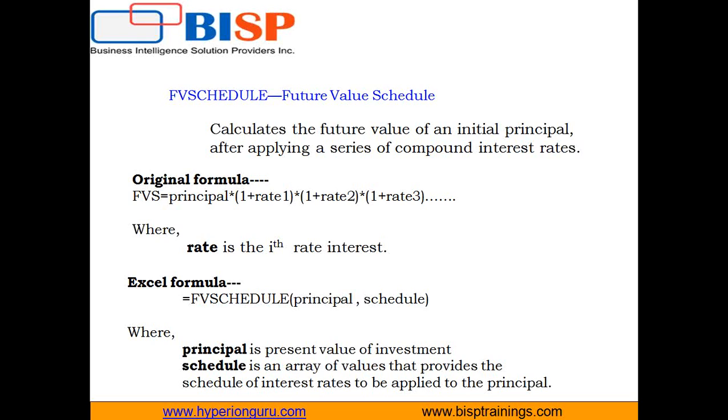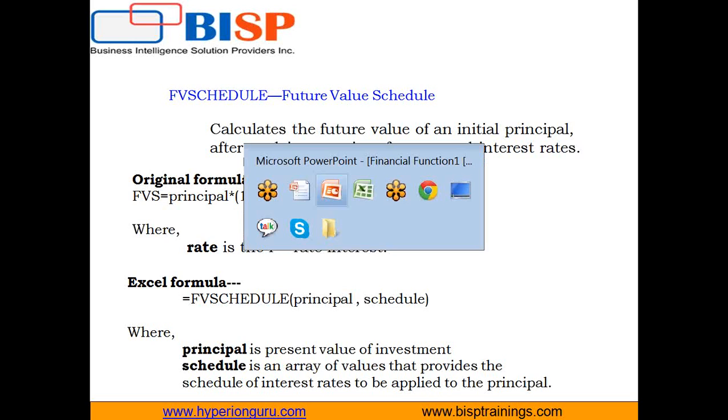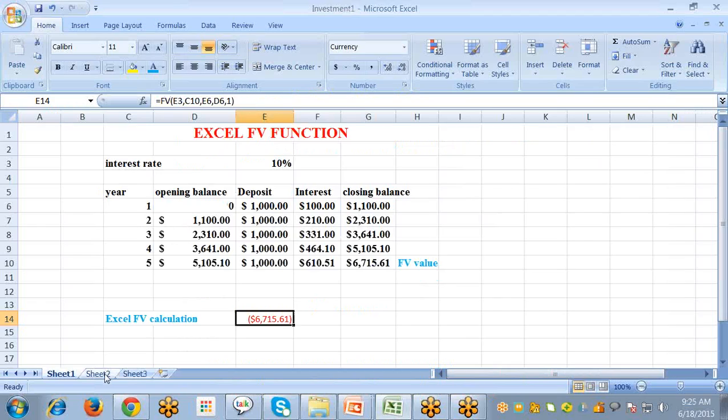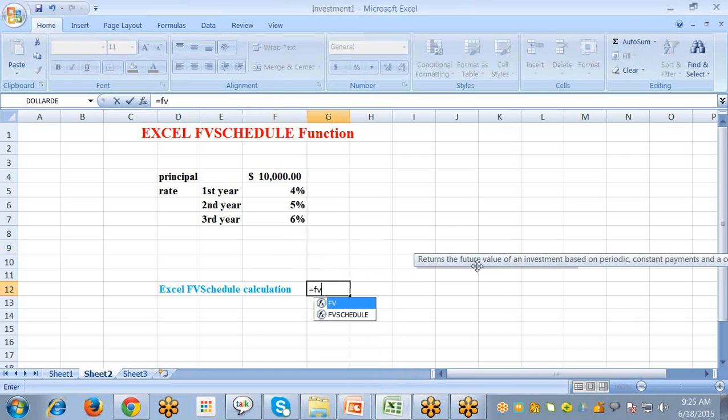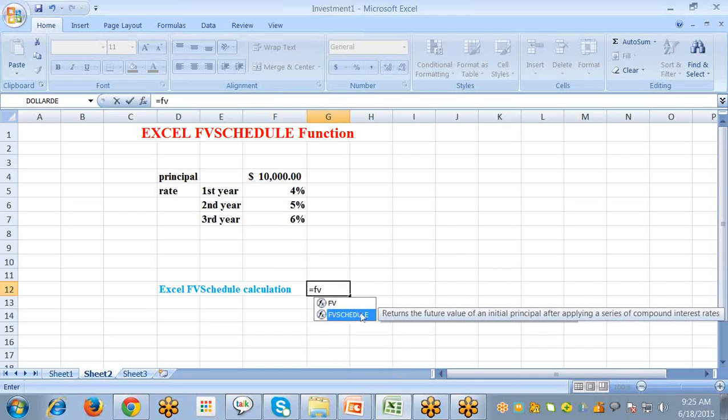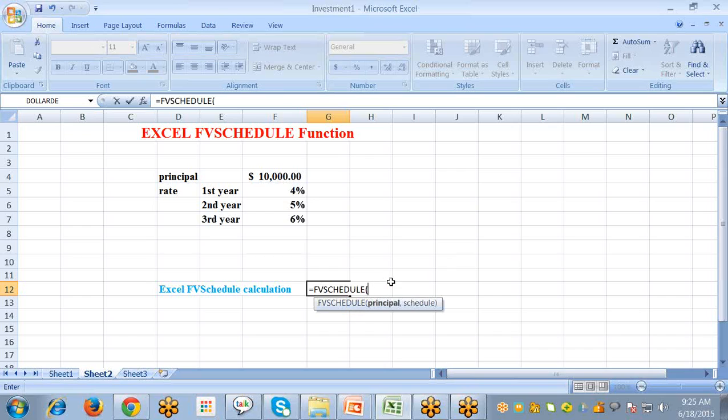So how this function actually works, we see it with the Excel example I have. This is the FV schedule function where we have the principal of 10,000, and there are three interest rates. First year interest rate is 4%, second year 5%, and third year is 6%. So just click on the cell, type an equal sign, select the FV schedule function, and pass the references of the cells.